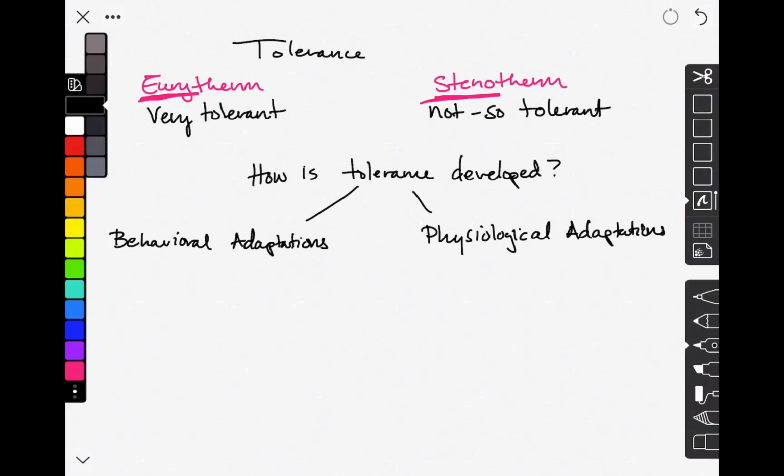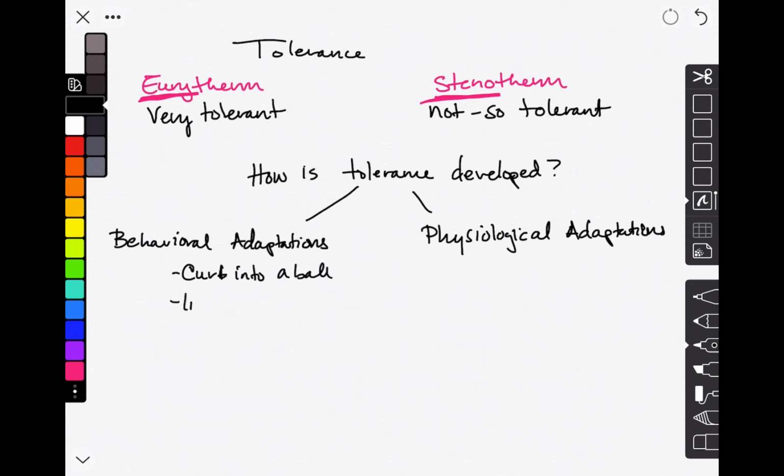Okay, now what are these adaptations? Well, an example for a behavioral adaptation could be curling into a ball.